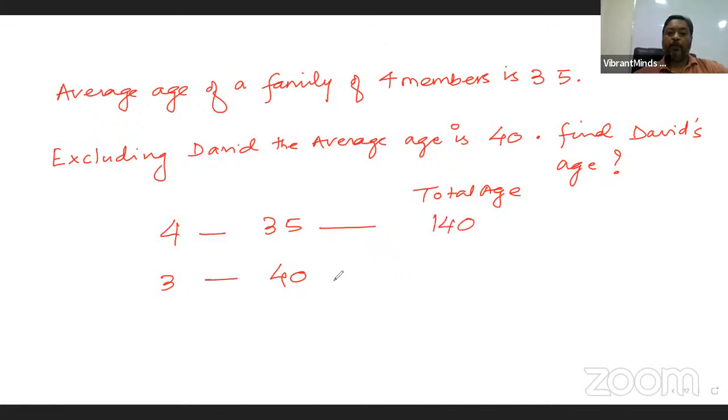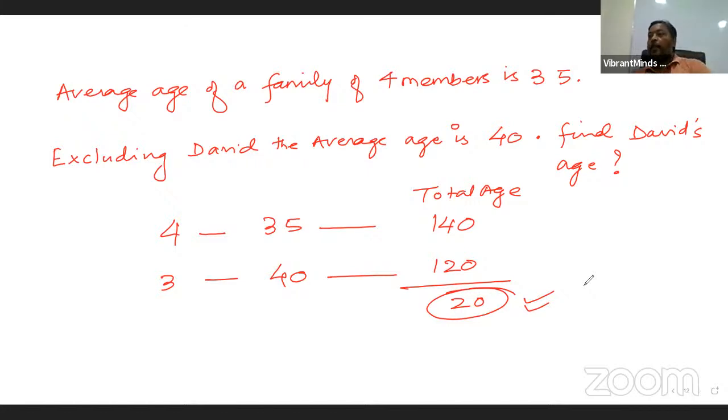And 3 into 40, without David, the age is 120. So what is David's age? 140 minus 120, and that is 20. Is it clear? Is it okay, guys?